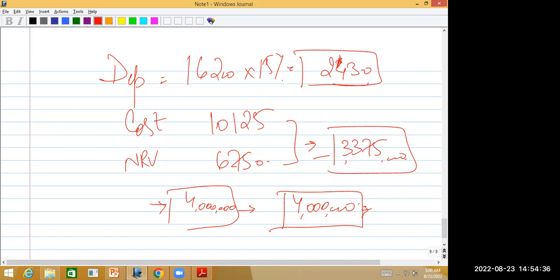So it's better to bear the loss of 3375 rather than paying a penalty of 4 million. So what is required is to record the loss of 3375 in the administration expense. So it is actually an onerous contract provision. So the accounting entry will be P&L debit, provision credit. Very good.